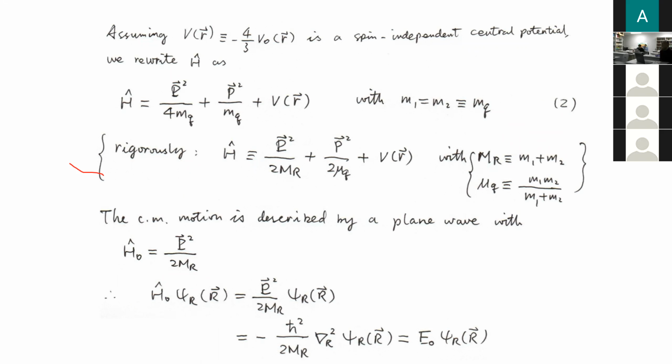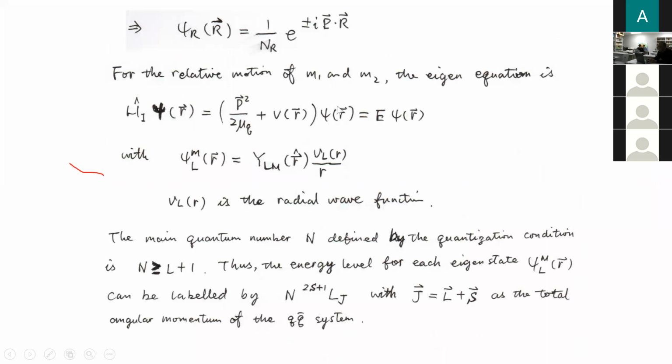In such a case, you can see the center of mass motion is just like a free particle motion, and then you have the internal one satisfying a Schrödinger equation. To solve this central potential problem, you can also write the wave function in terms of the radial part and also the orbital angular momentum part. And I think this is also very simple.